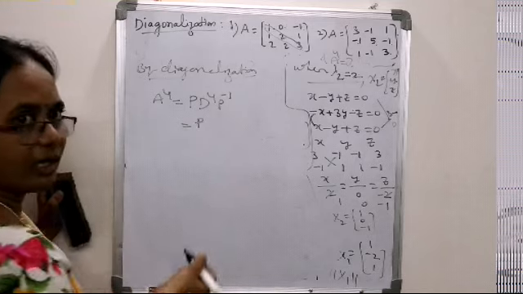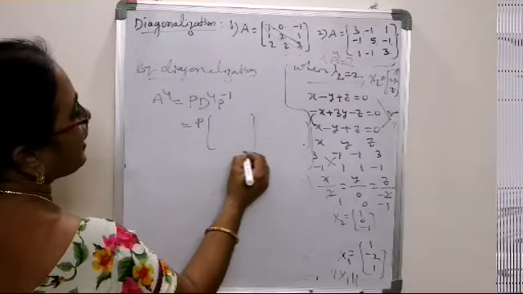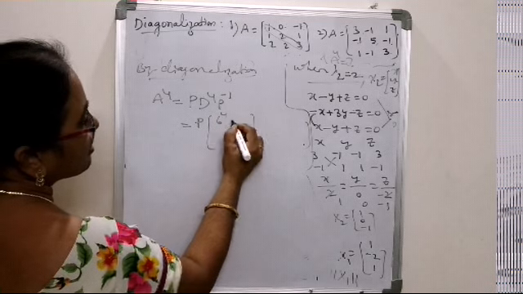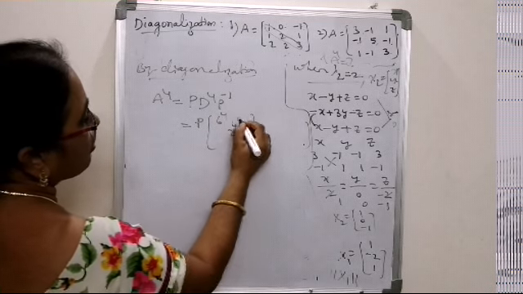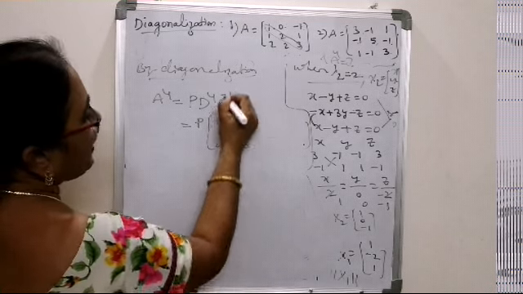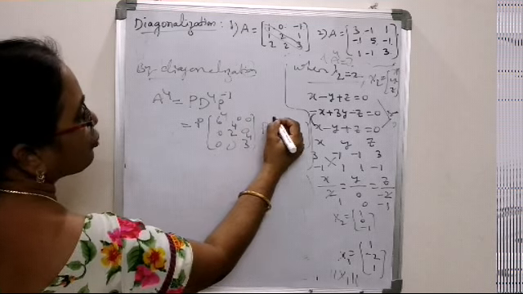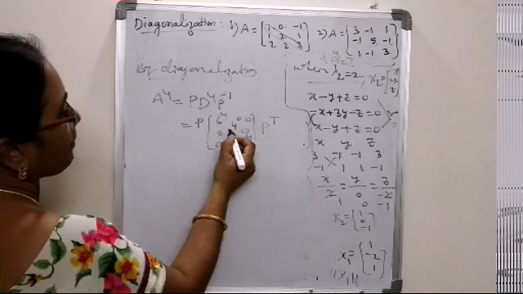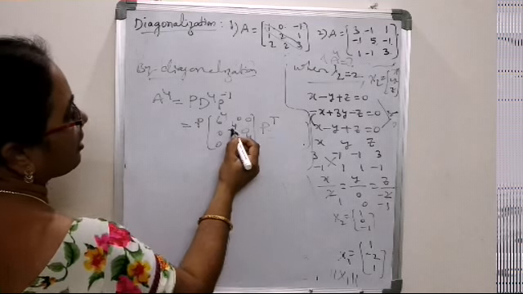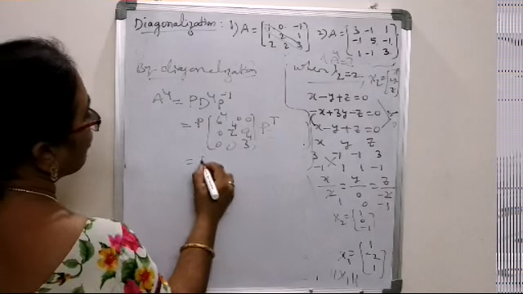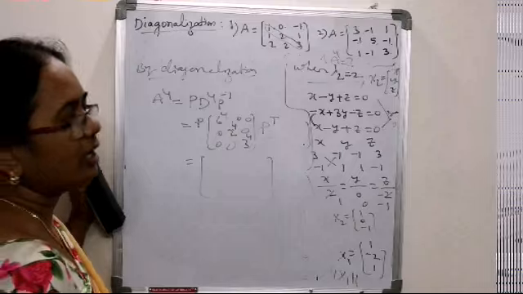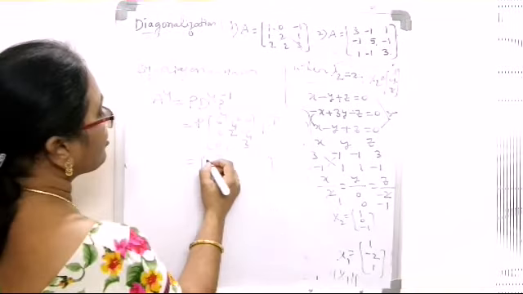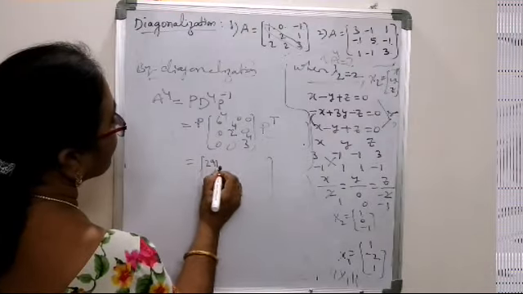P is already taken now. D power 4 is power 4 of the diagonals: 6 power 4, 2 power 4, 3 power 4, right? And P inverse we have already taken to be P transpose. When we multiply this P and P transpose with the D power 4, we are going to get A power 4 directly, and in this particular problem we get 291.